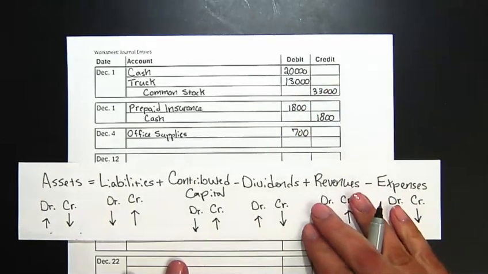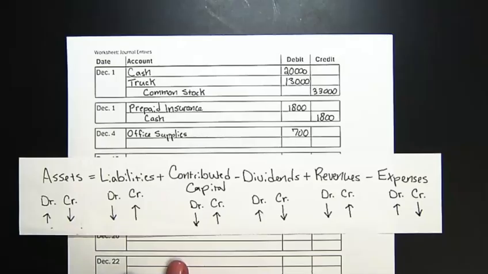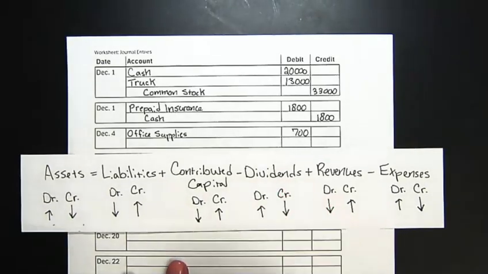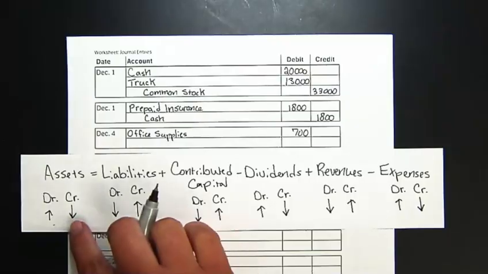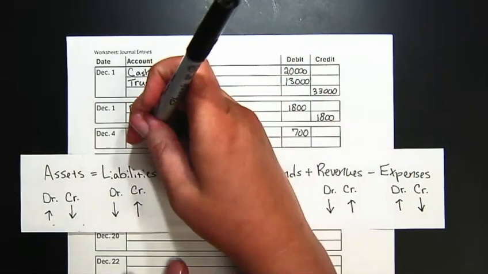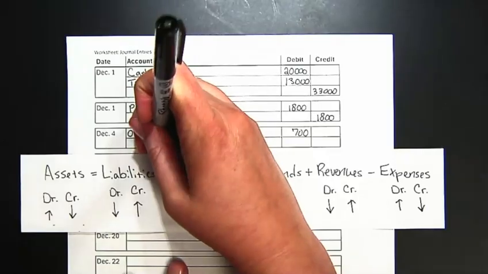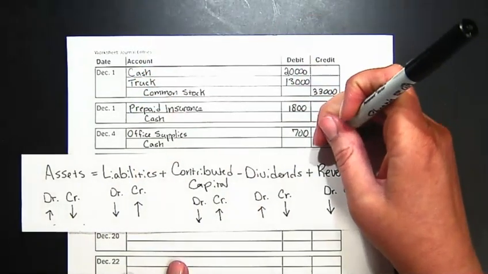And we paid cash to purchase these office supplies. Cash is an asset. If we are paying cash, that means our cash is decreasing. We decrease an asset with a credit. So credit cash, $700.